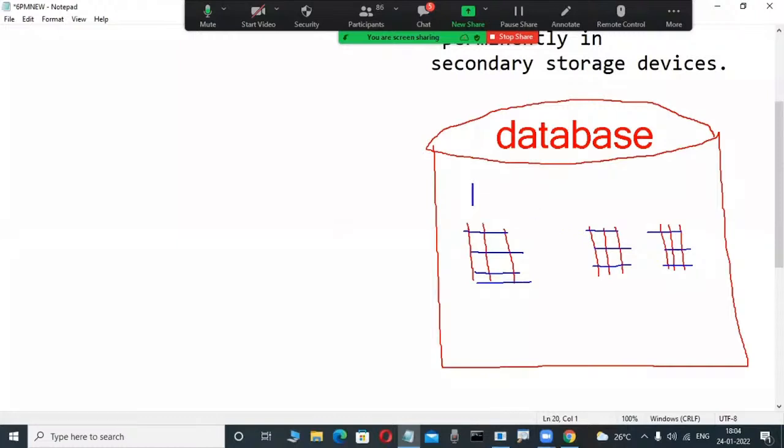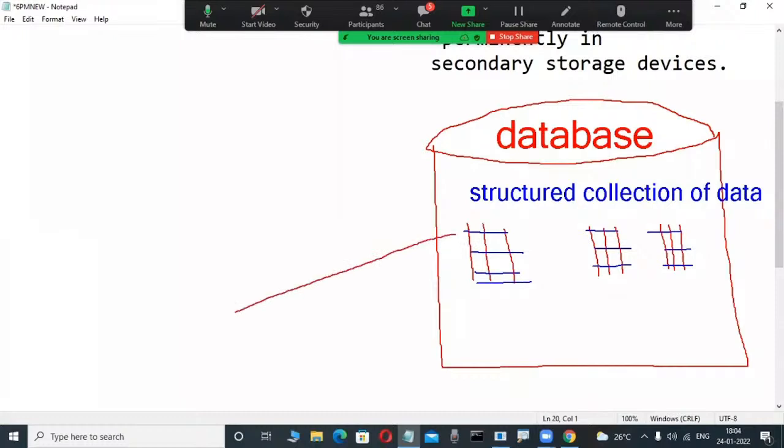I told this in the previous class. These types of databases always store a structured collection of data, in an organized fashion. Once a structured collection of data is there, for handling and operating this data, which language do we use? Very good, SQL, Structured Query Language.